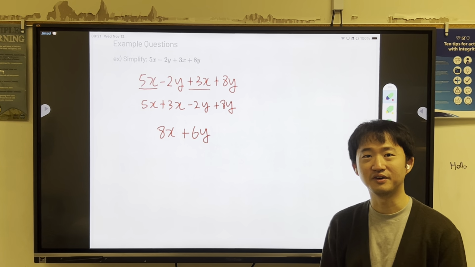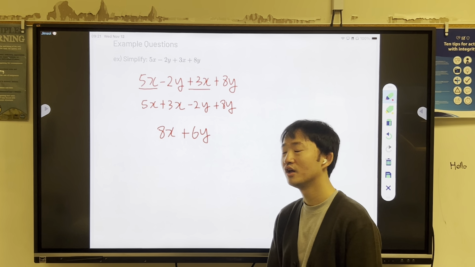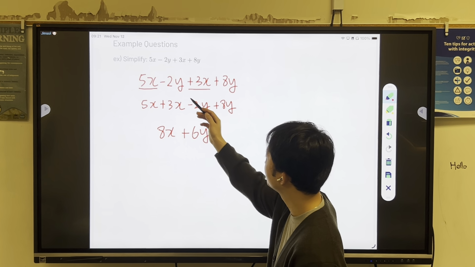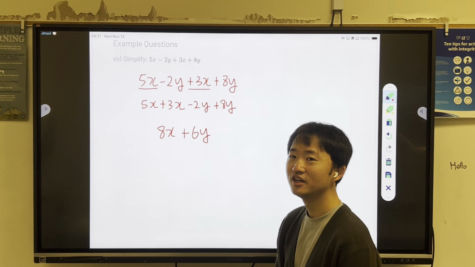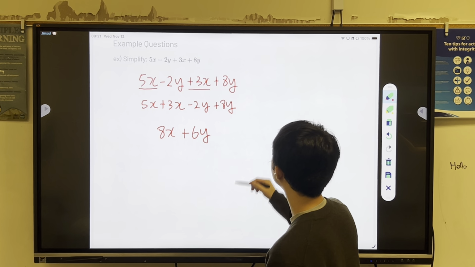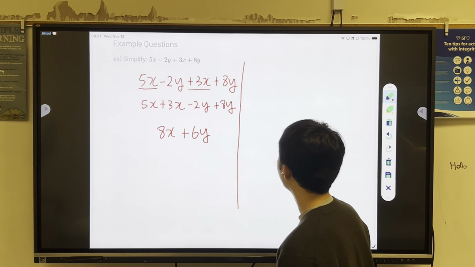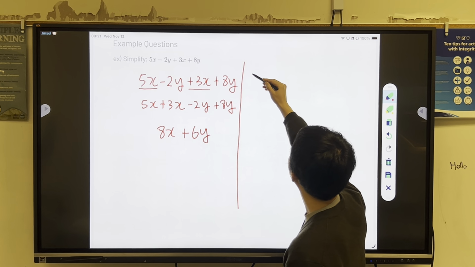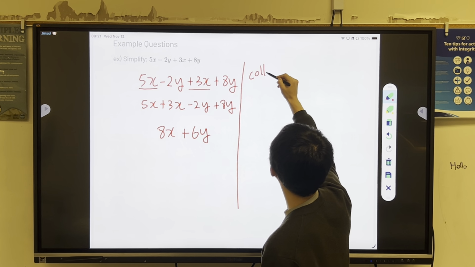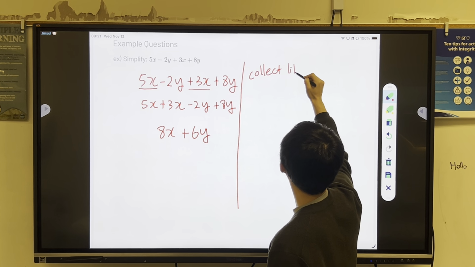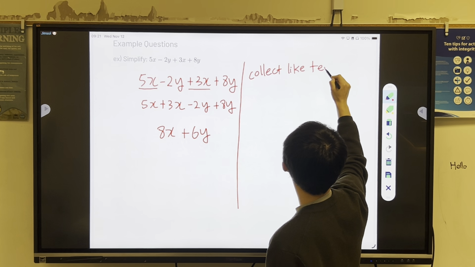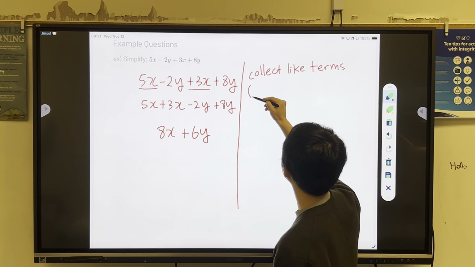And voila, we've simplified this expression. We collected like terms and we added the like terms together. So there, our answer is 8x plus 6y. So let me annotate my work here. Collect like terms. The same variables.